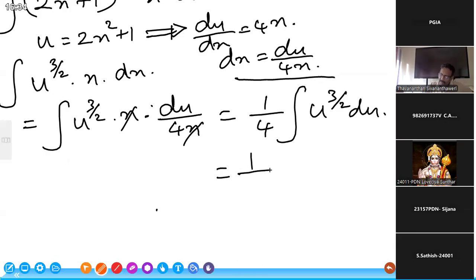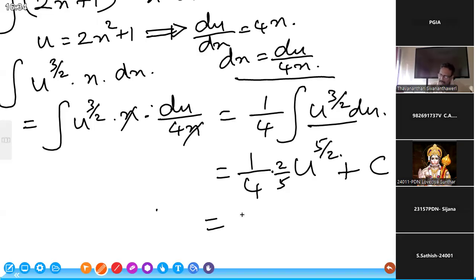That is equal 1 over 4 into integrate that, u to the power 5 by 2 into 2 by 5 plus c.